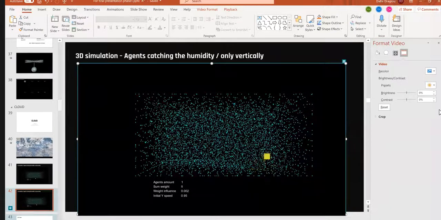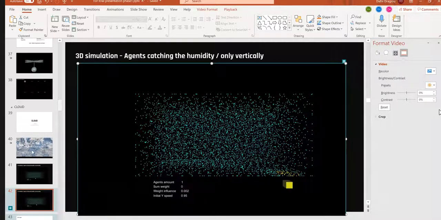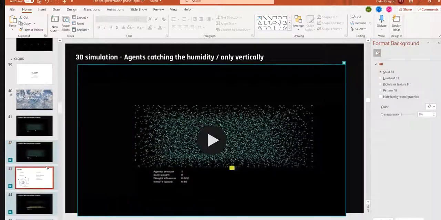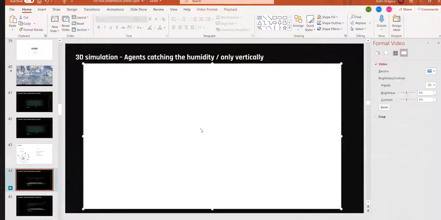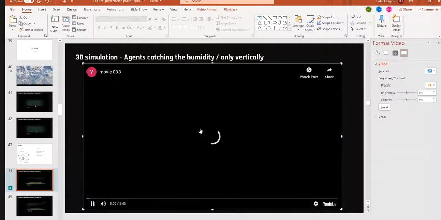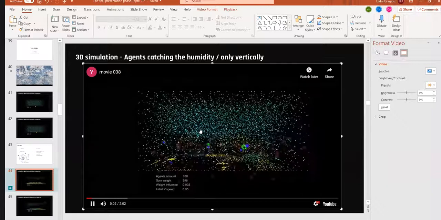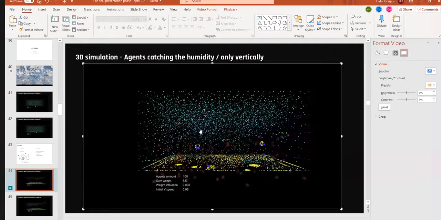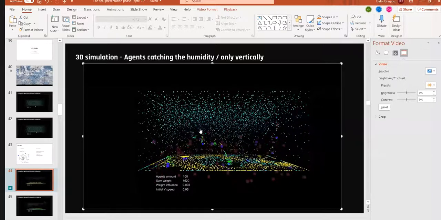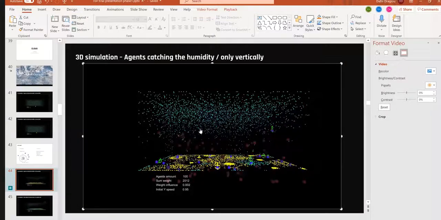Well, I don't know how to comment on this simulation, to be honest. I think it's a bit preliminary in explaining your concept, but I don't know if it gives us more than that. What we should relate here, which is not still obvious, is the amount of humidity that is captured by the agent and the speed that it goes down.